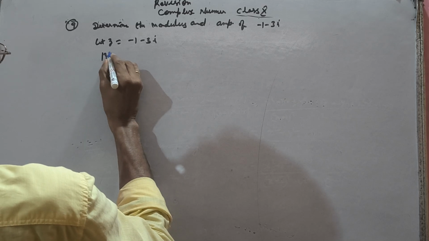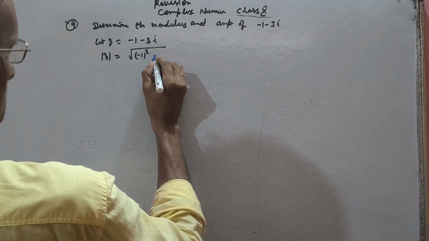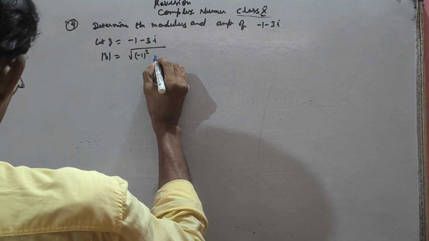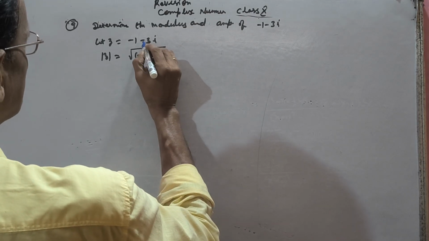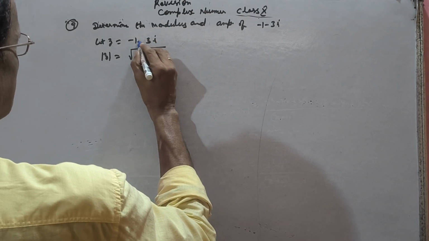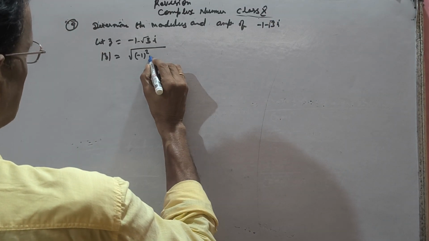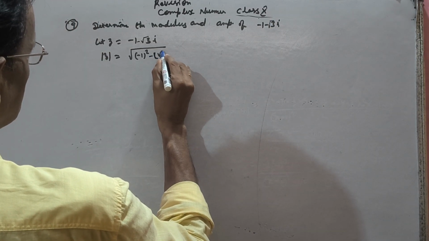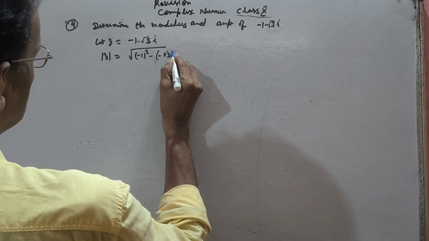So modulus z is equal to under root a square plus b square, that is under root minus 1 whole square plus minus root 3 whole square.